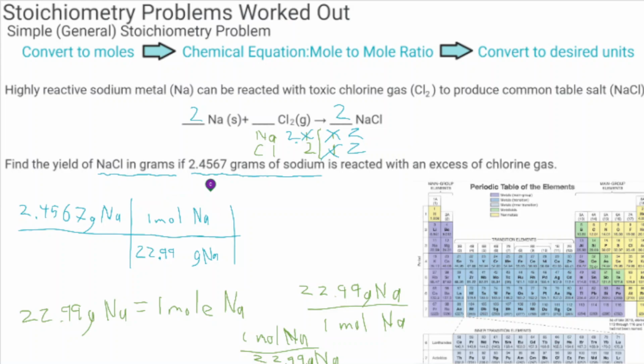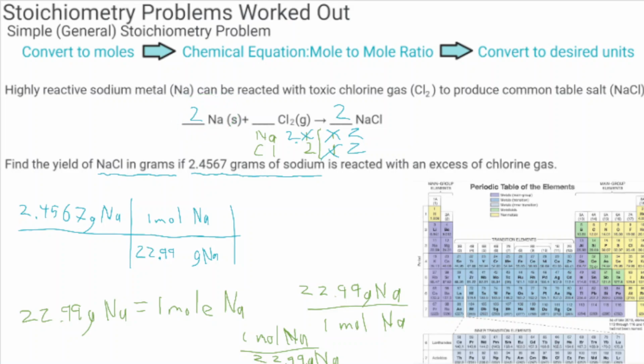Once we get to moles, that allows us to use our chemical equation, and we can say for every 2 moles of sodium, we can make 2 moles of sodium chloride. And you just want to use whatever these coefficients are. There are ways we could potentially reduce it down and everything, but it's best to just keep it simple, and whatever this coefficient is what you're going to be using.